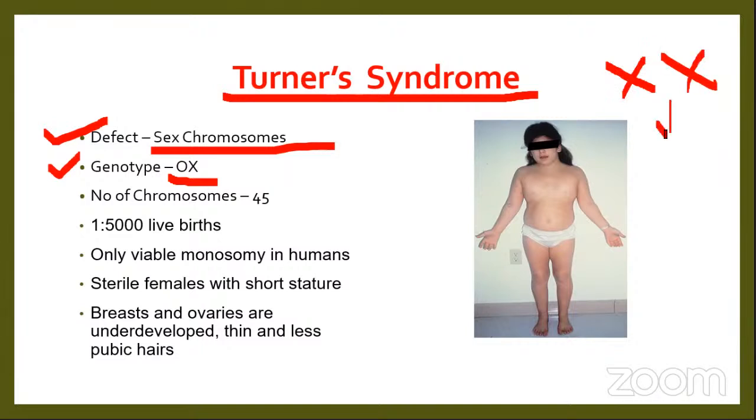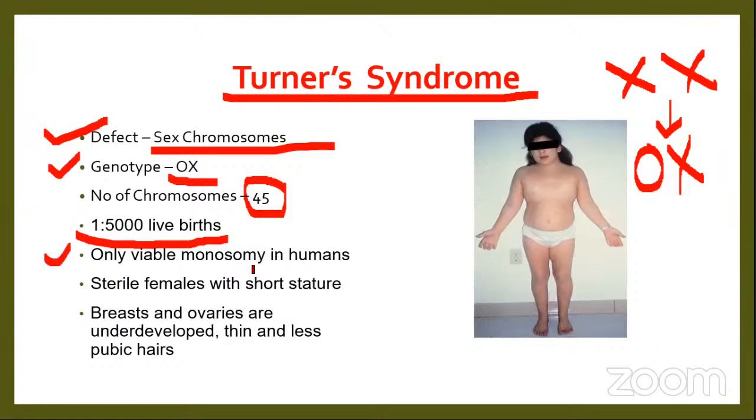But in this condition, the person will be lacking one X chromosome and there is an XO condition. So the number of chromosomes is reduced to 45. It is usually 1 in 5,000 live births, and it is the only viable monosomy in humans. In these conditions, the females are sterile.